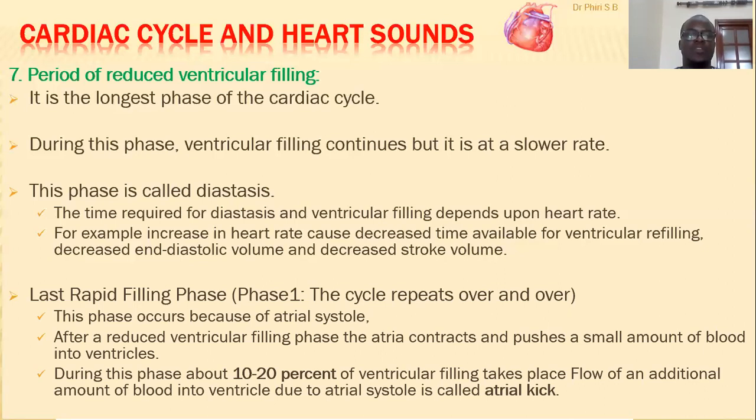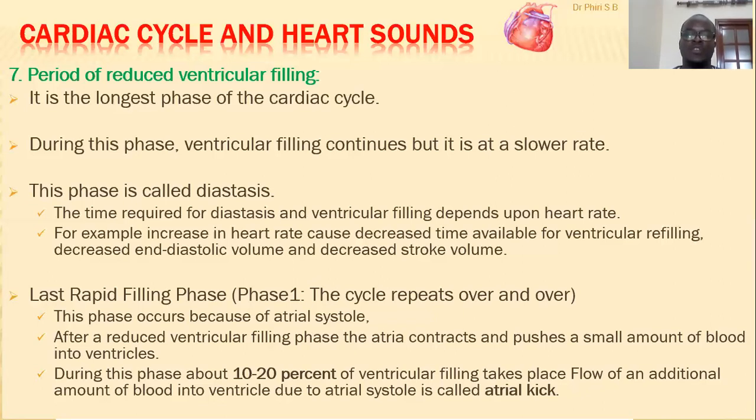Then we have the atrial contraction phase. So in this phase, you are going back to atrial contraction. This is basically the first phase of the cardiac cycle. So the cycle repeats itself over and over. So this phase occurs because of the atrial contraction, as we've already discussed.